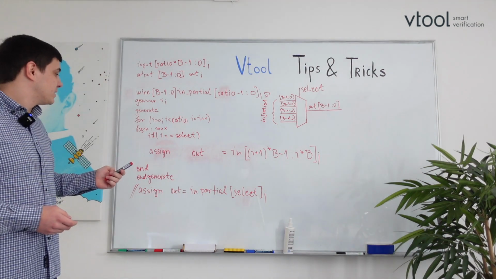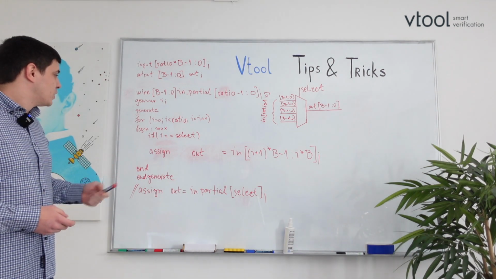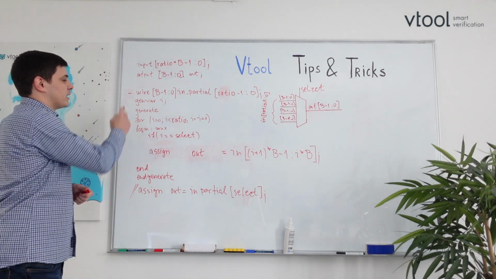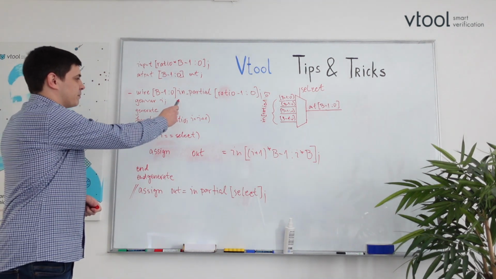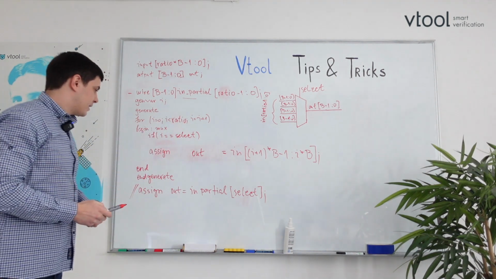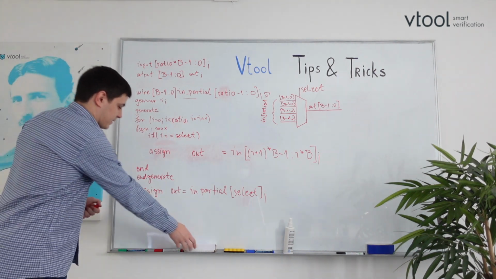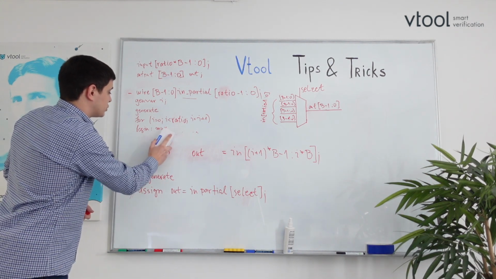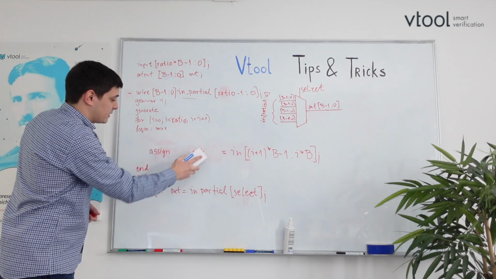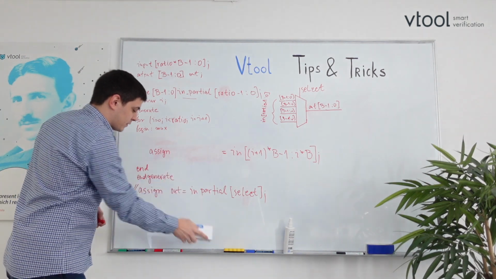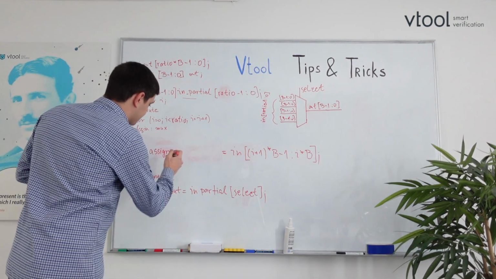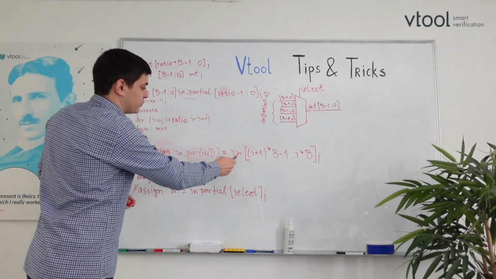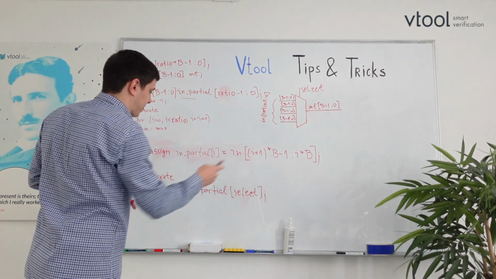The simple way to change this approach would be to define this 2D wire called impartial, to delete this condition, and instead of output value to assign impartial I to the appropriate input value.